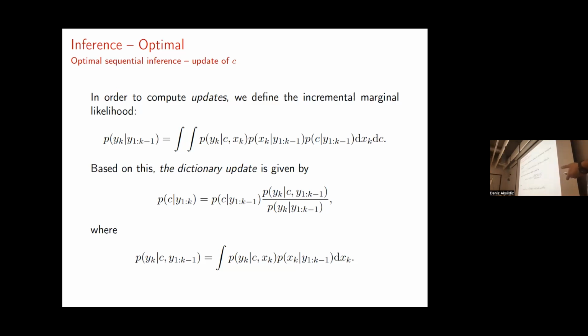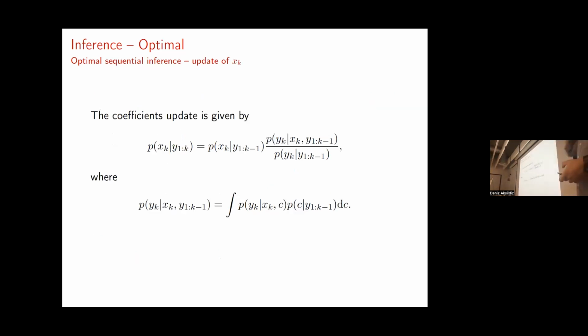You can see the difficulty: this integral might be intractable, and this one is certainly intractable. Even if these are tractable, you might have forms that don't allow you to compute a closed-form update. So tractability is not the whole problem. This one is going to be tractable, but its form will not allow us to implement this exactly.